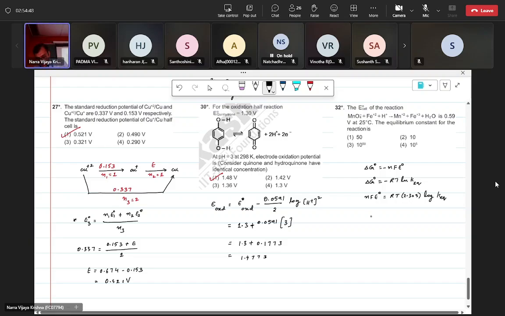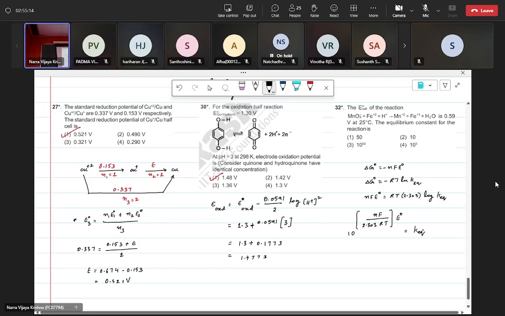Bring that to this side: NF upon 2.303 RT into E naught is equal to log K equilibrium. So K equilibrium equal to 10 power this value. Respond, sir.